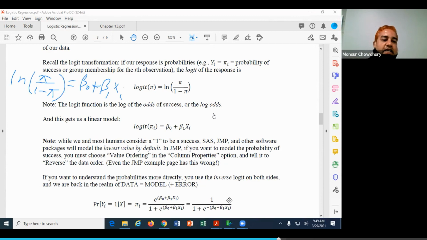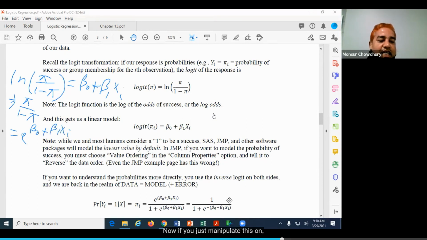If you take the inverse of this logit, pi divided by 1 minus pi will be e to the power of this. If you manipulate this, we get pi i equal to this, and this is what we get here. Very simple, I showed you in the last class.